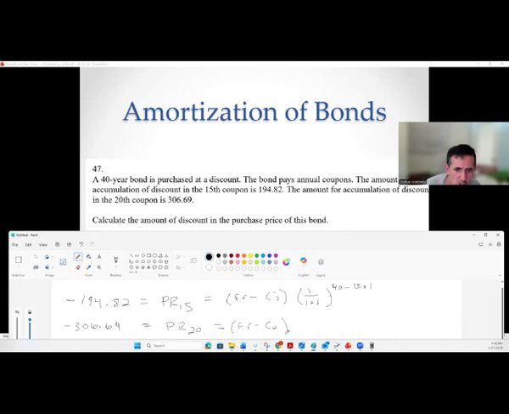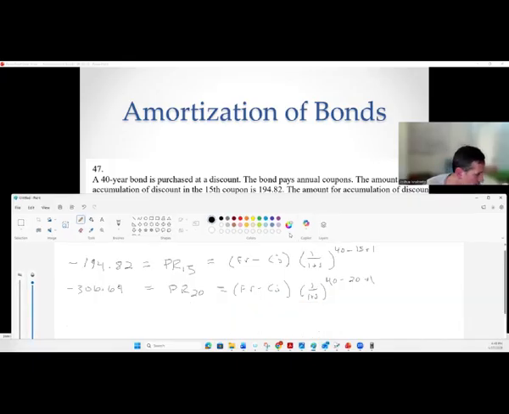But again, it's a good habit to be careful with signs. 40 minus 20 plus 1. So this is 26, and this is 21.